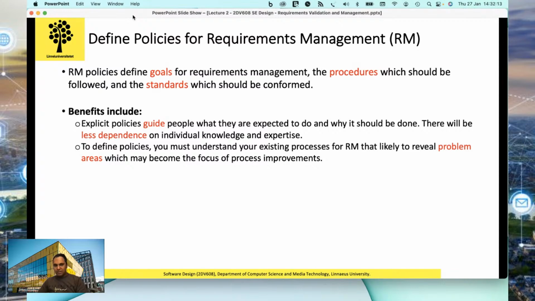Not only that, your process might also change. So if you are following a policy over, let's say, a year or over 2 years, and you see that there is something that is not working in the process or in the policy, you might change your policy also.